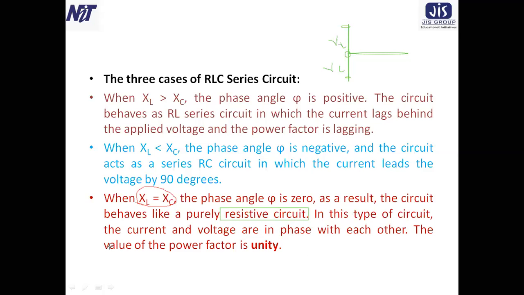The value of the power factor is unity, because phi equals 0. So what will be the value of the power factor? You know that cos 0 equals 1. For that reason, when XL equals XC, please try to remember that the power factor is always unity.